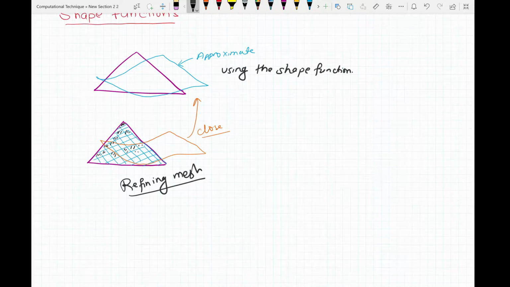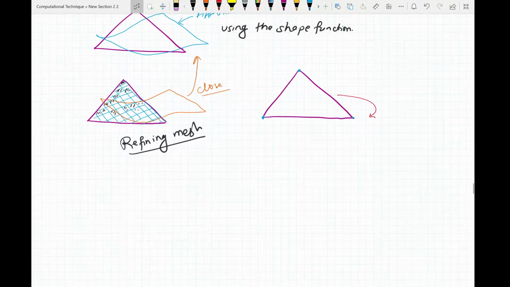The other method is, if you have a triangle like this, the same triangle, if these are the nodes at the ends, we can increase the degree of shape functions such that our solution is quickly converged. If I show this in the isometric form, it may look something like this.